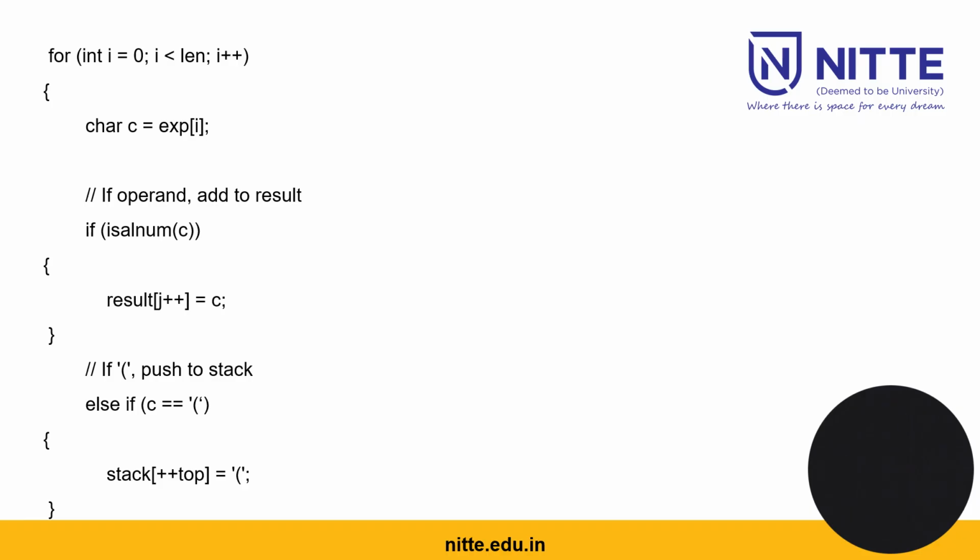So it will become j plus plus, because I have added that character, which is an operand, and assigned it to the result, and incremented the result.